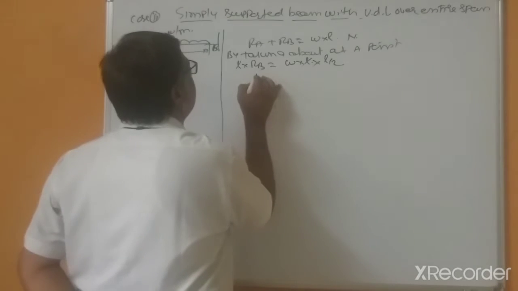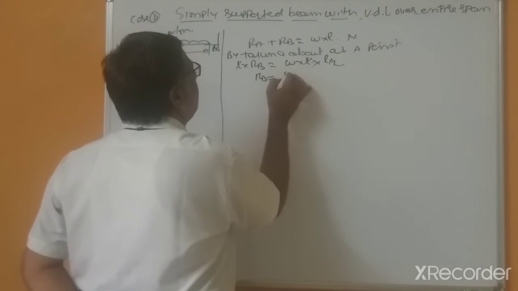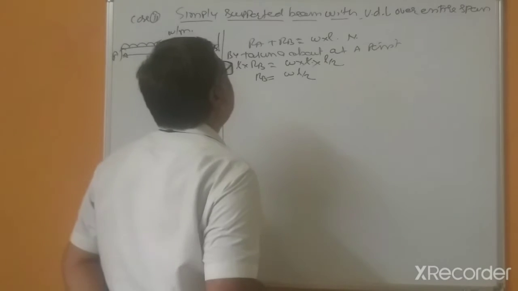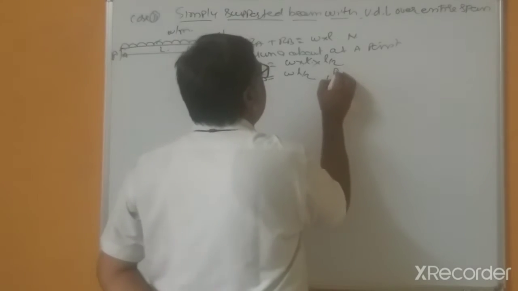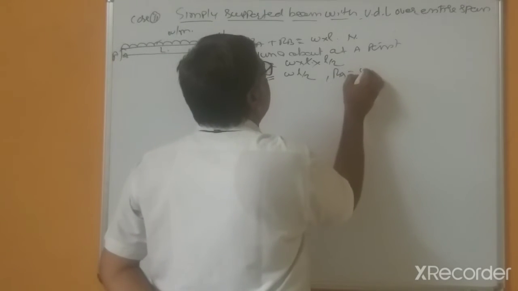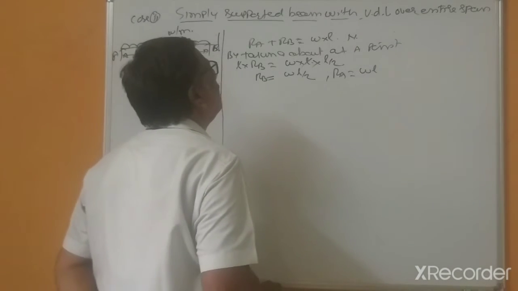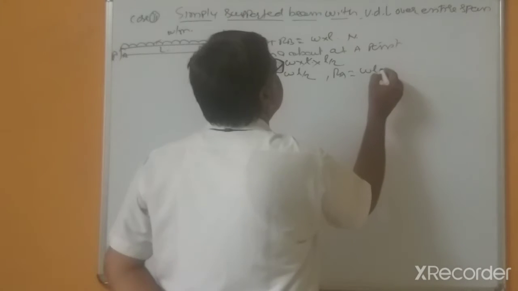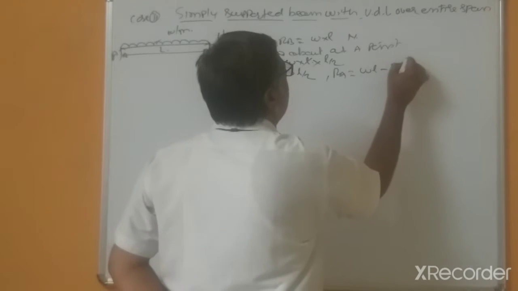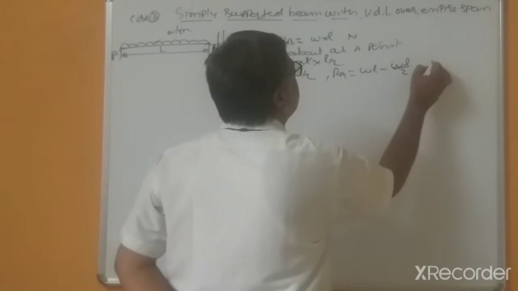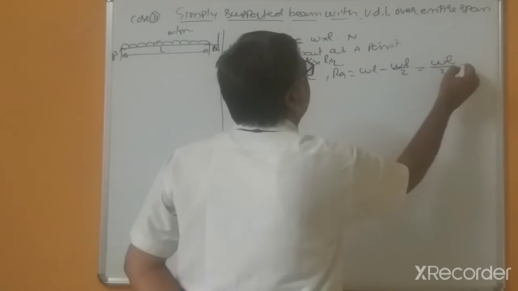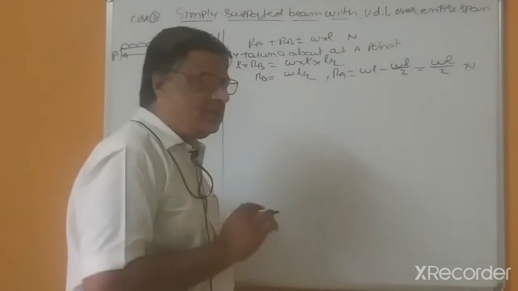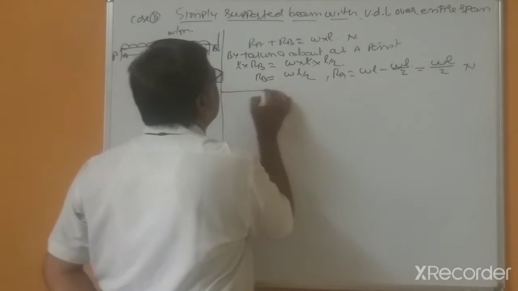So this L will get cancelled and RB equals wL by 2. So RA equals wL minus wL by 2, which equals wL by 2 newtons. Now I think you understand this.